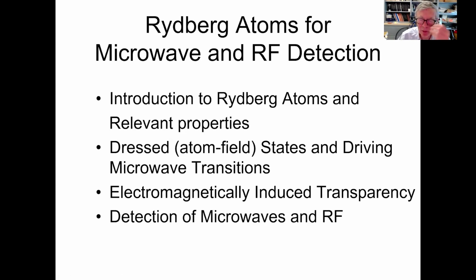And then I would like to introduce the dressed or atom-field states and how they connect to driving microwave transitions. It turns out that this is not only interesting for driving the microwave transitions, but it's useful to understand how electromagnetically induced transparency works, which is the technique that's being widely used now to detect RF and microwaves. And then finally, just briefly mention how this is used to detect microwaves and RF.